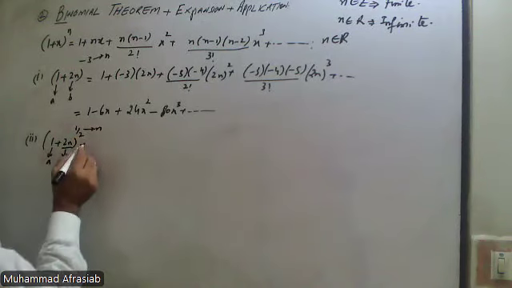Then half into minus half into 1 over 2 into 4, so that thing is equal to minus 1 over 2 x square. Then half into minus half into minus 3 over 2 into 8 divided by 6.